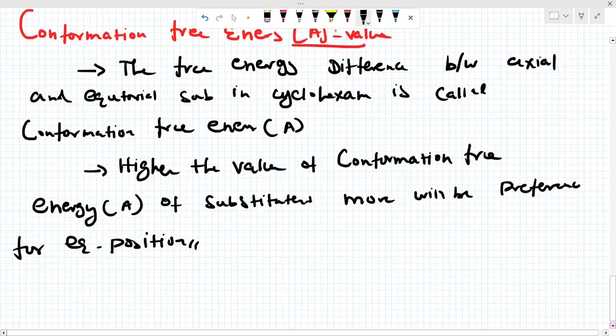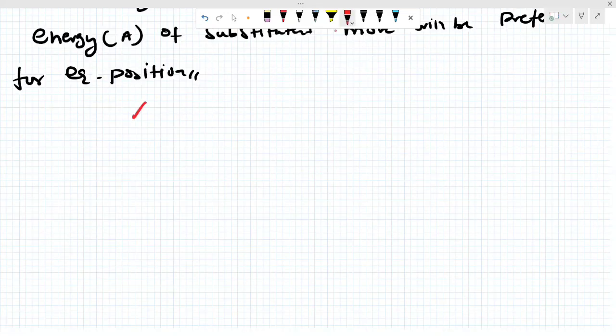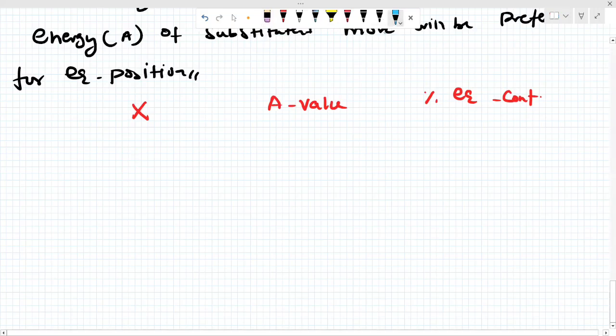Now take the X group. This is the A value, and this is the percentage of equatorial conformer. Now I put hydrogen, using different colors. The A value is 0.